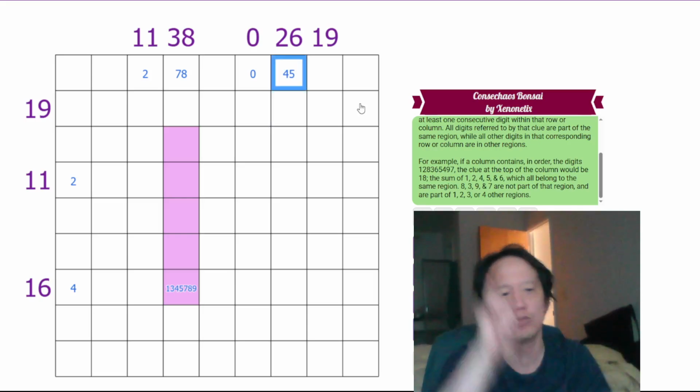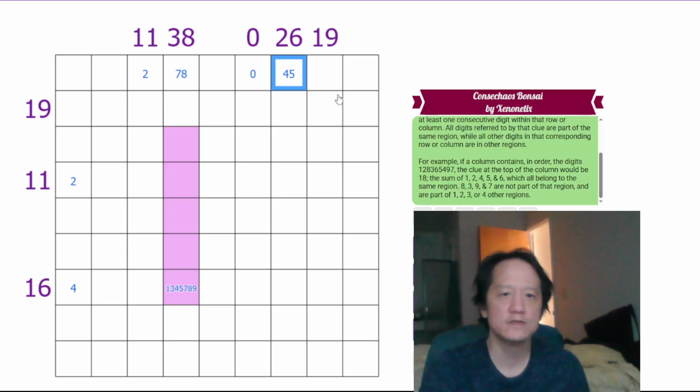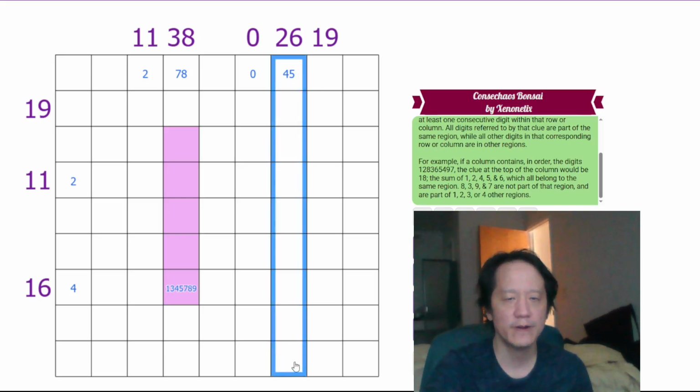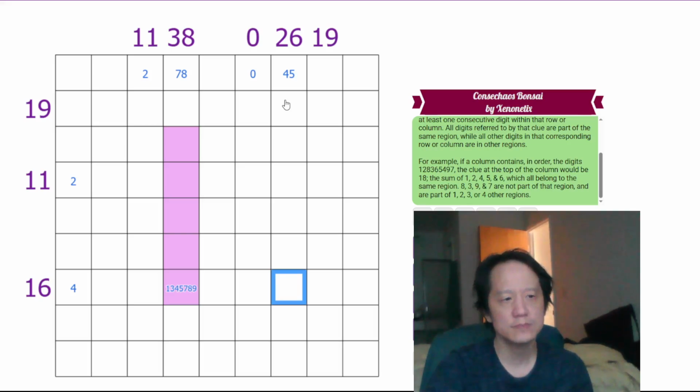This is 4 or 5 digits for this region. That's interesting. Okay, this is 2, this is 2, 7 or 8, 4 or 5, 4 specifically, that's 0.